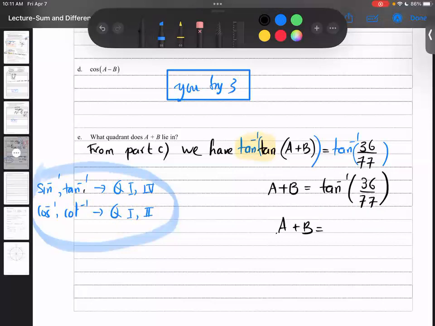Let me check my mode in degrees. I thought I put it in degrees. I have roughly 25.